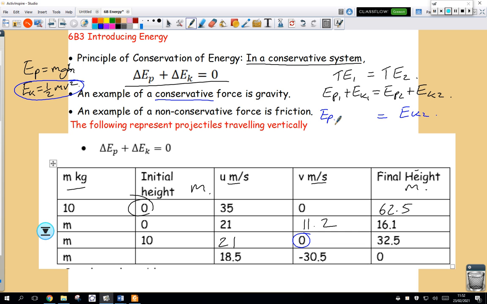So there's going to be some kinetic energy and some potential energy here at position 1. The potential plus the kinetic energy at position 1 is going to equal its total kinetic energy at position 2. The potential energy at position 2 is 0 because the height at position 2 is 0.